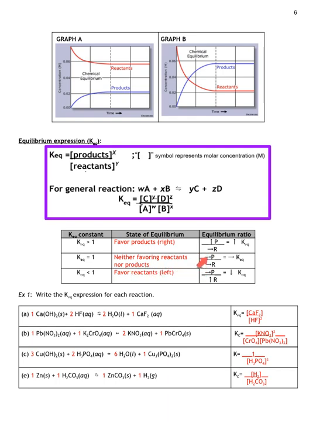So both reactants and products, same number, and so it ends up being 1 in the end. Now, if the equilibrium constant is less than 1, that means that the reactants are favored. So it's favoring the left side, and that means more reactants than products. More reactants, which gives you a ratio that is less than 1, a lower number in the end.